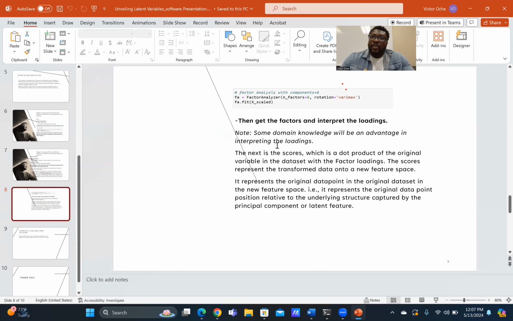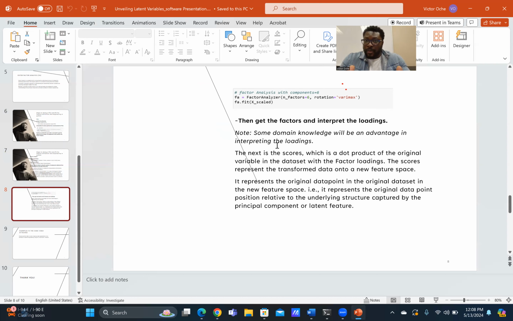But if there's no domain knowledge, you can still interpret the loadings, especially if you do a rotation, based on what the loadings are telling you. So next is the scores, for you to do feature engineering after you've found the factors.